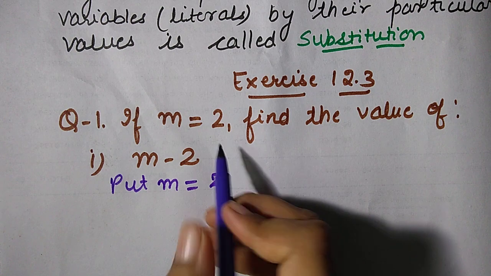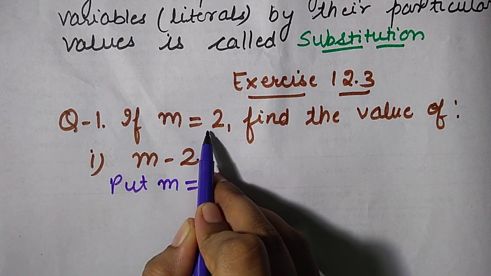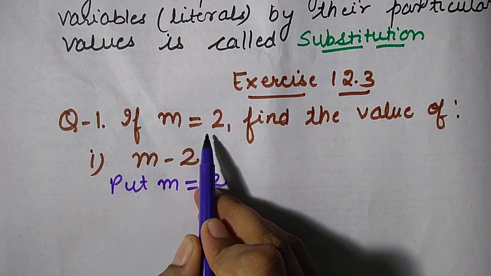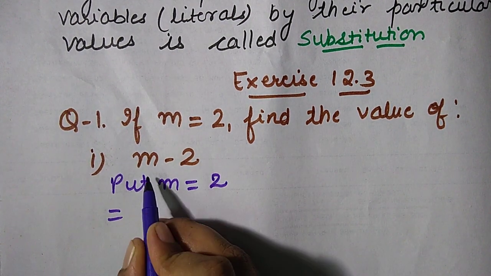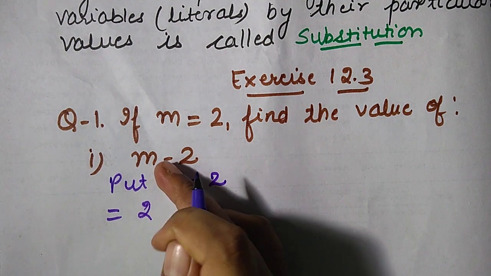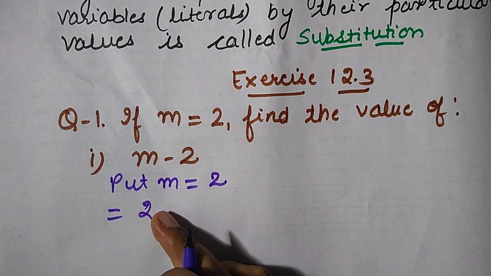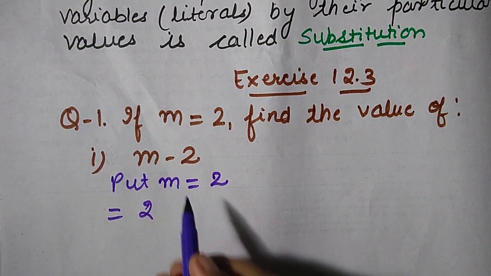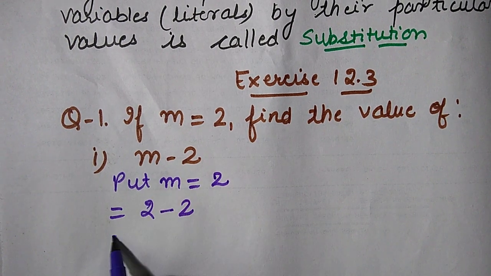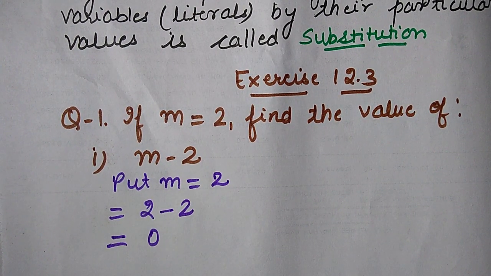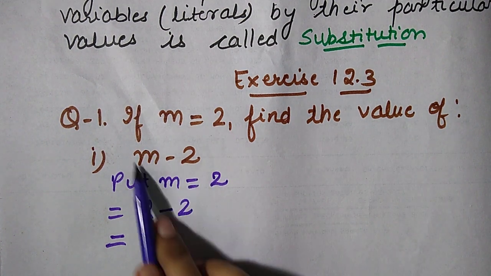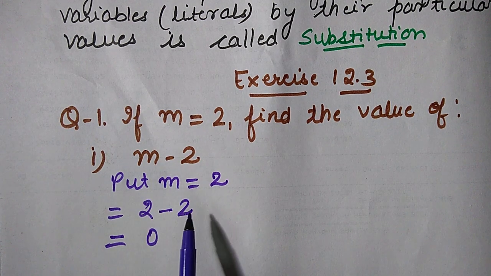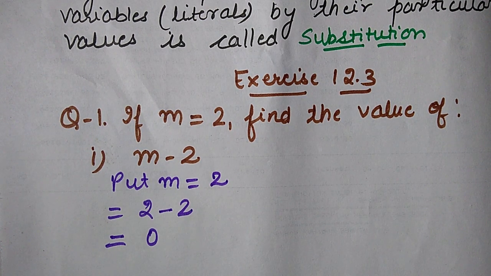You have to put the given value of the variable in the given expression. So after putting, what you will get? In place of m, you have to put 2, and the rest will remain the same. So 2 minus 2. So the value of the expression will be 0. Simply you have to substitute the given numerical value in place of the variable, so that you will get the value of the expression.